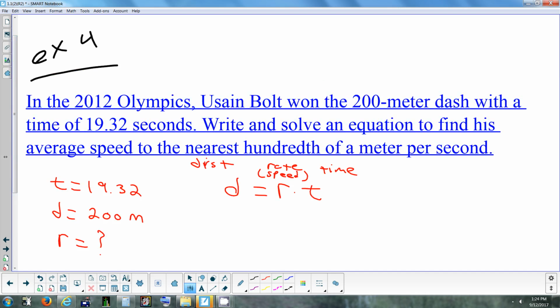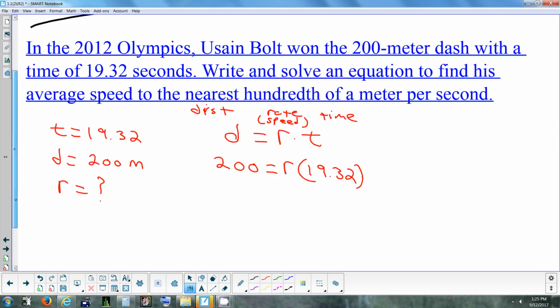All right, so what's my distance again? 200 meters. So this guy ran 200 meters. What's the rate? We don't know yet, so we're going to leave the rate just as R. And how fast did he run? 19.32. Okay, now the goal is to get R by itself.